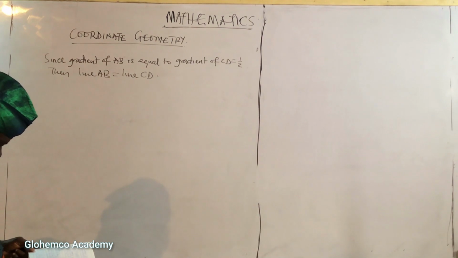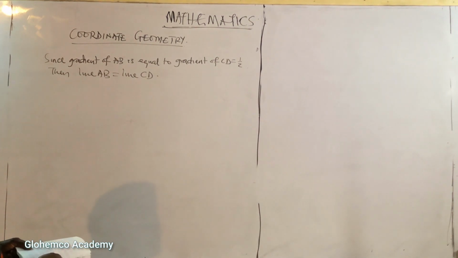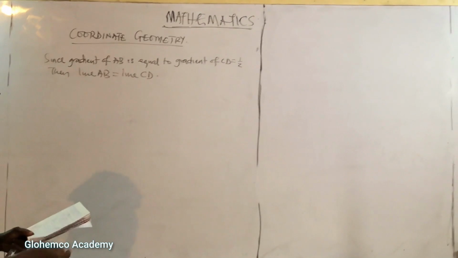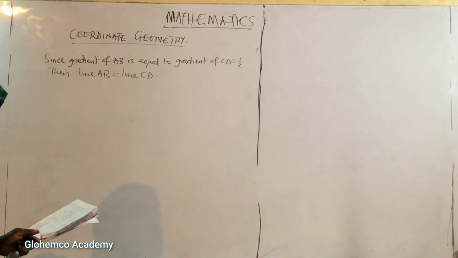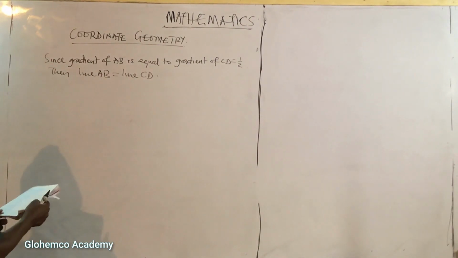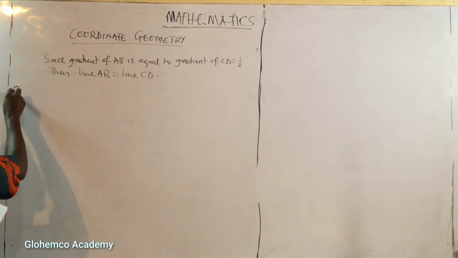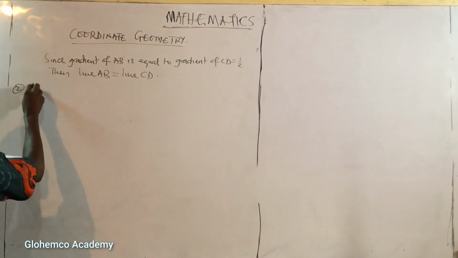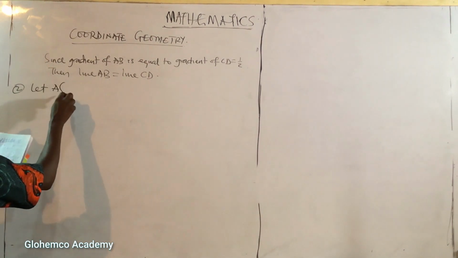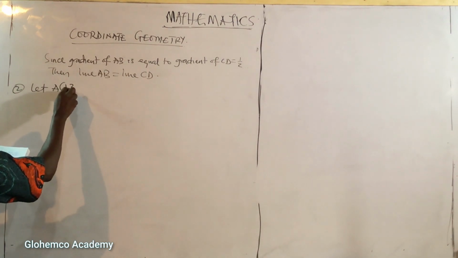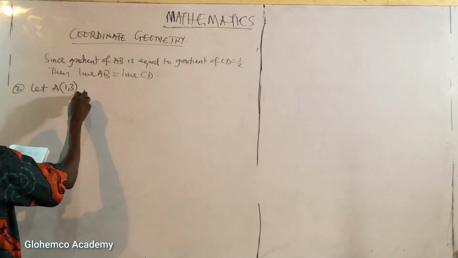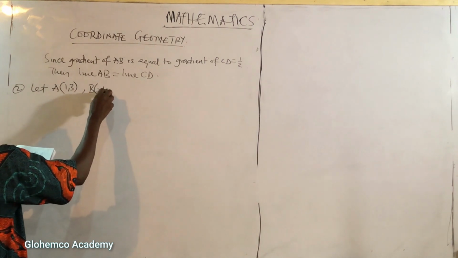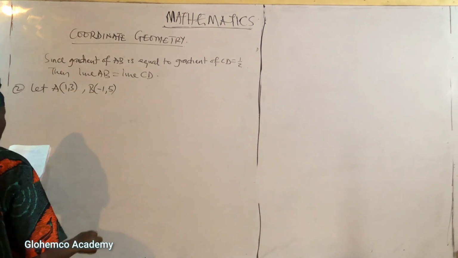Now, before we move ahead, there's another way of asking the question from this point. Supposing you are given this problem to solve, example 2. Let A be the coordinate 1 and 3, and B be the coordinate minus 1 and 5.